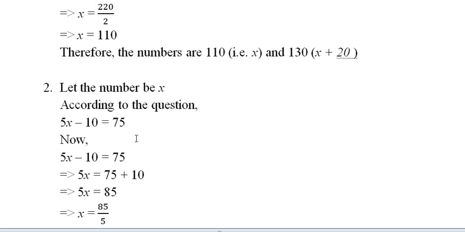So let that number be x. So 5 times x minus 10 is equal to 75, which means the equation will be 5x minus 10 equals 75, isn't it? So we have framed this equation. After framing the equation, you just have to find out the value of x.